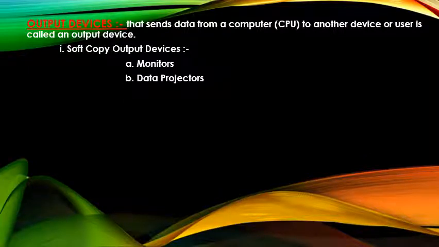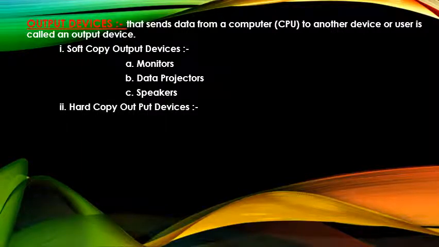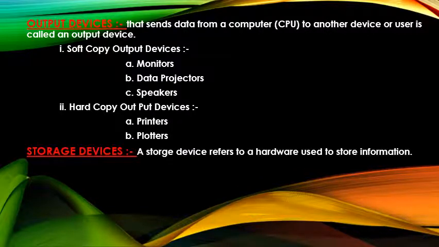Data projectors: the different types of presentations which we make in PowerPoint, we use data projectors to show them on different types of boards. Speakers are for the voice. Hard copy output devices include printers and plotters.